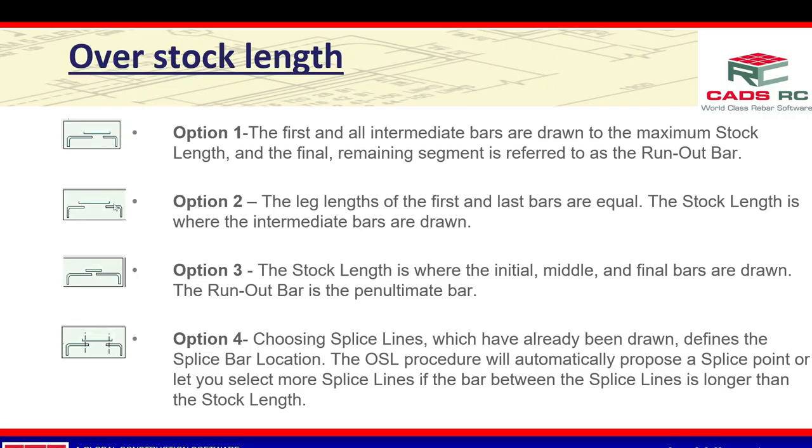The second one is both sides, which will have the same length of bar, and in between it will run the stock length bar. The third one is, the stock length is at the very initial, and the middle and final bars are drawn as the runout bar. And the fourth one is, as per the lap position you want to place the bar, you can directly do that. So this is our fourth option.